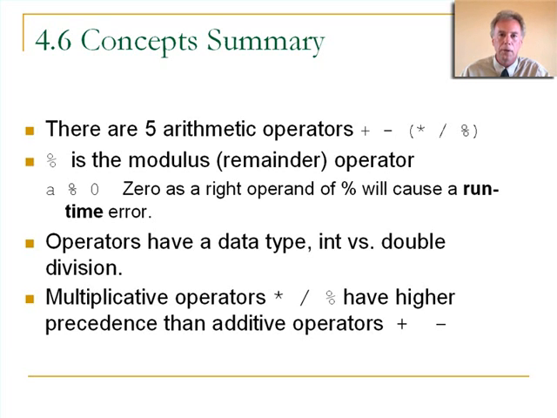Double division, using the same arithmetic operator, doesn't have this issue, because the result of a double division will be a double. So you might think of this as, in an integer division, some information is lost. You might think of it as you get the wrong answer, but that's what int division is. A whole number divided by a whole number is a whole number.